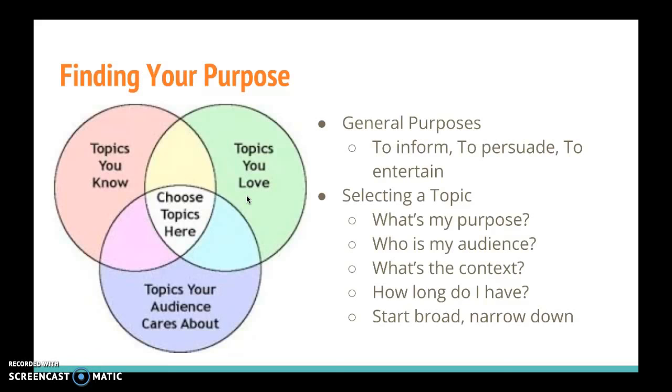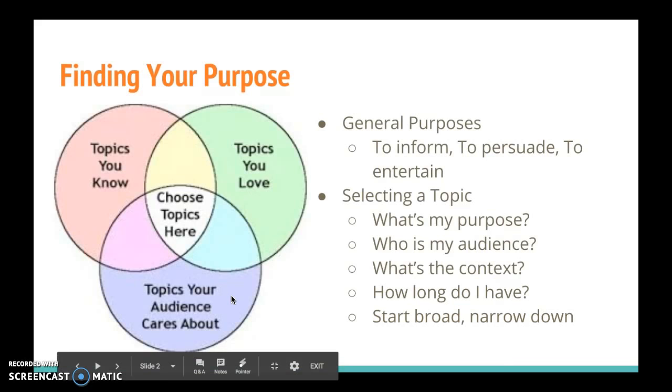So for example, if you love your topic, you are going to talk about it in a passionate tone of voice, and therefore your speech is going to be a lot more interesting to the audience right off the bat, because you're going to have vocal variation. Your speech isn't going to be monotone or boring because you yourself care about your topic.